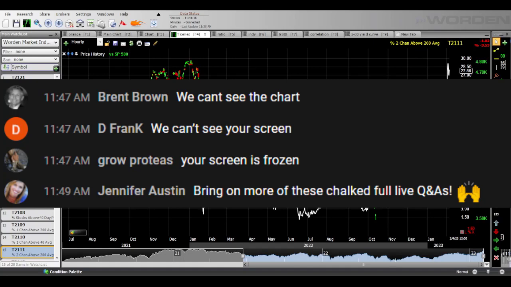So this is overhead supply at 4,200. It's a massive zone. It's basically the S&P's top. So that's why I think that's going to be a really tough zone to trade much higher above. But as far as your question, I don't really see that as being a high probability. I see a more lateral price trend, which we're seeing in the NASDAQ 100 right now too.